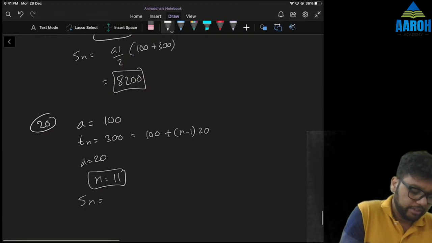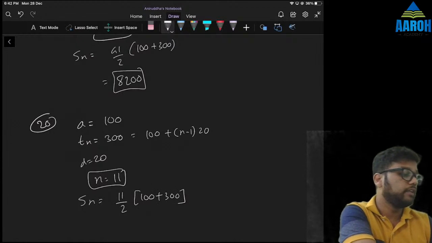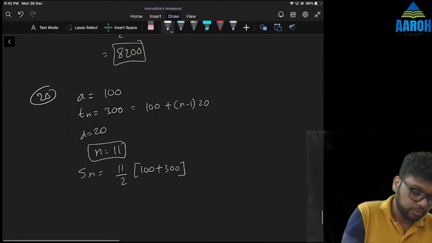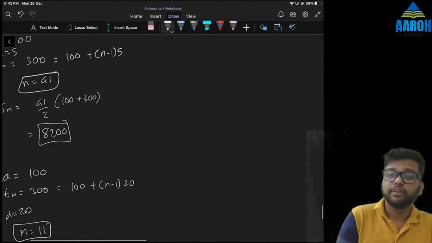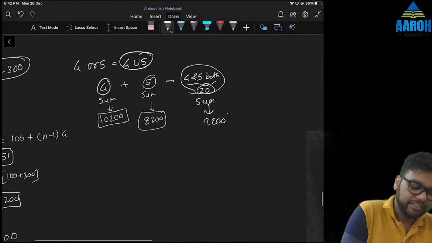So Sn will be 11 by 2 into a plus Tn. So 400 into 11 by 2, that is 2,200. Okay, no problem. So this is 2,200.